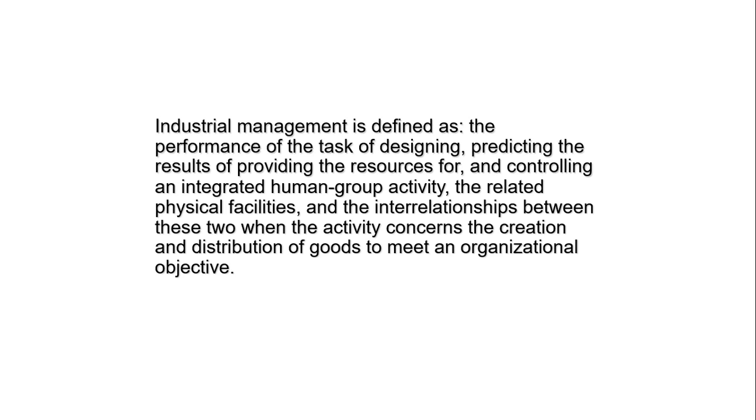The main keywords for the industrial management definition are performance of designing and predicting and controlling. Mainly, it is concerned with the function of designing, the activity of predicting, the activity of controlling. For whom? For human group activity, or by another way, the labor activity, the labor performance.